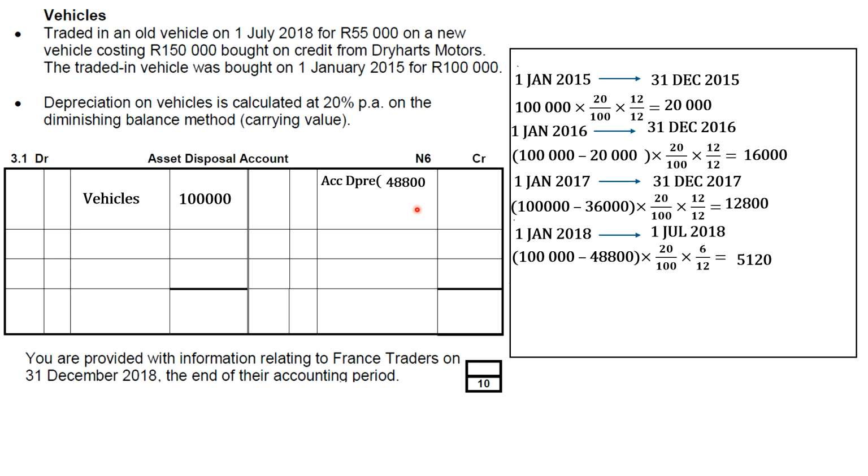We still need to push it to when we sold it. So we're going to add our 5,120, our depreciation. Now we've pushed our accumulated depreciation from when the asset was bought on 1 January to when the asset was sold on 1 July 2018 using this cost price.